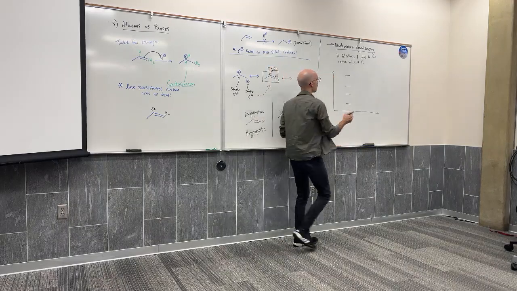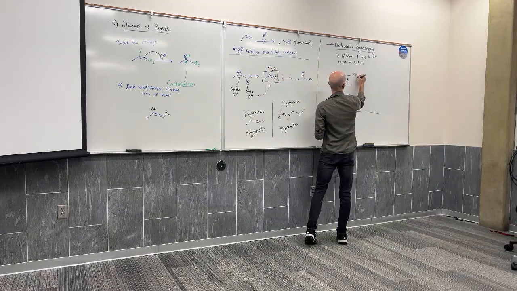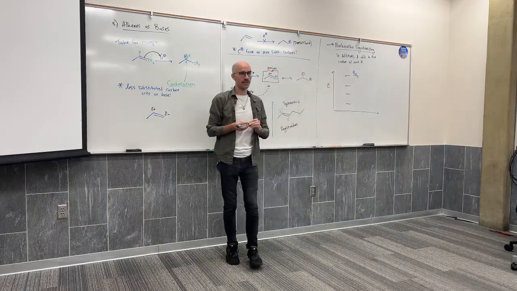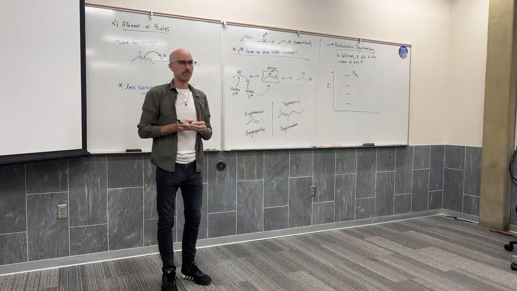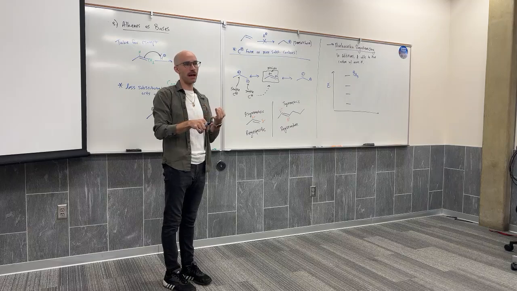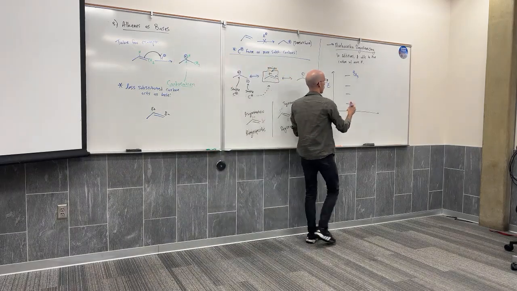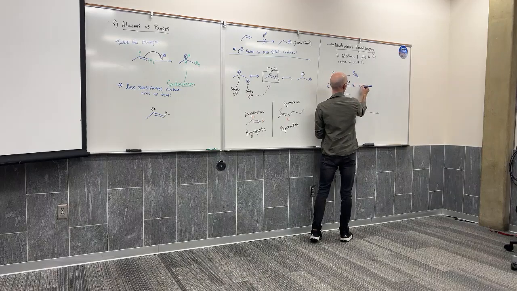At the very top is a methyl carbocation. This sits at the highest energy. It holds a positive charge and it has hydrogens all around it. At the next level, we'll have a primary carbocation.